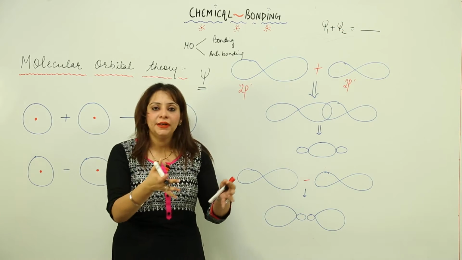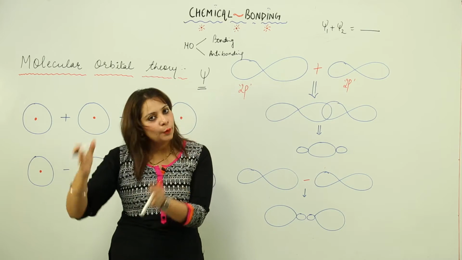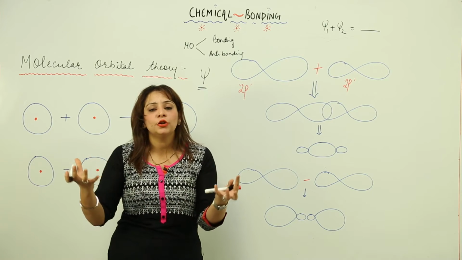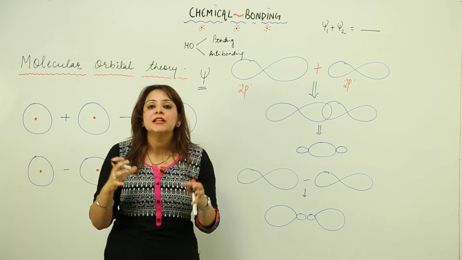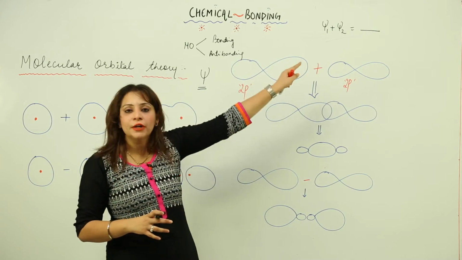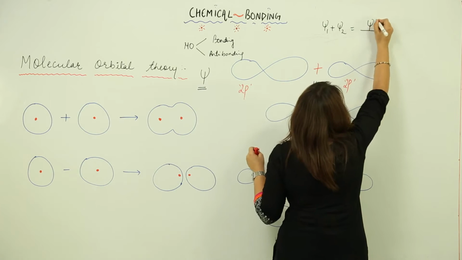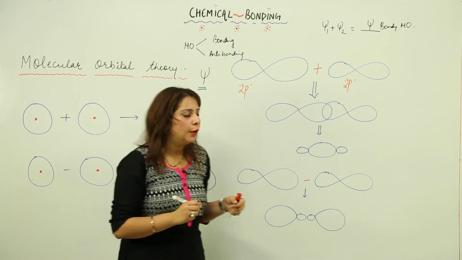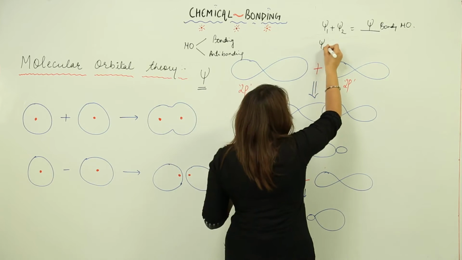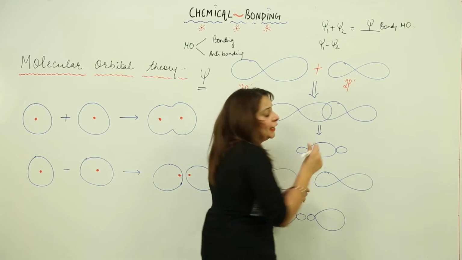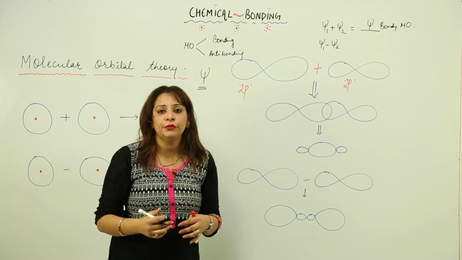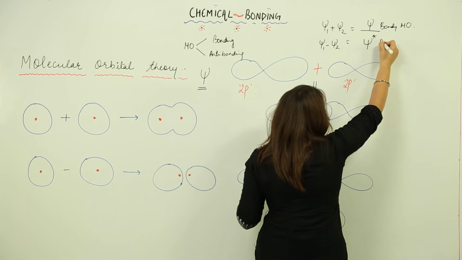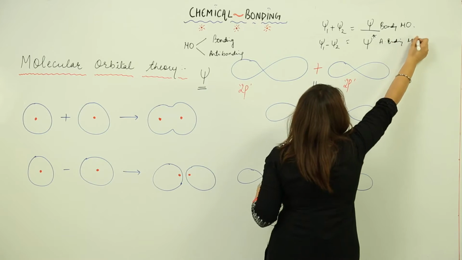If I have atomic orbital 1 with wave function psi1 and atomic orbital 2 with wave function psi2, it is possible that these two electron clouds add up. That is constructive interference, and when these wave functions add up, they give rise to a bonding molecular orbital. And when the two atomic orbitals are out of phase, that is destructive interference, the molecular orbital formed is called an anti-bonding molecular orbital.